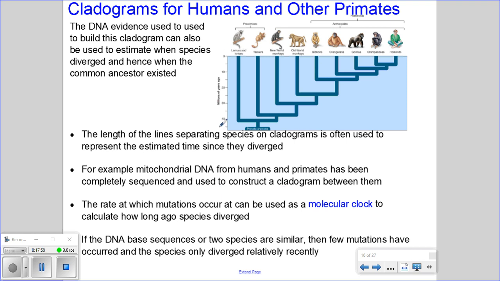The rate at which these differences in the mitochondrial DNA occurred was used as a molecular clock to calculate how long ago these species diverged. If the DNA base sequences of two species are similar, then few mutations have occurred, and the species diverged relatively recently. Hence the shorter lines between chimpanzees and humans, as there are a high number of similarities between the mitochondrial DNA, suggesting they diverged very recently.